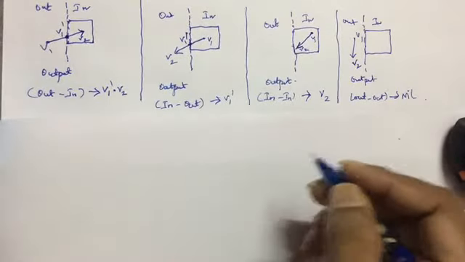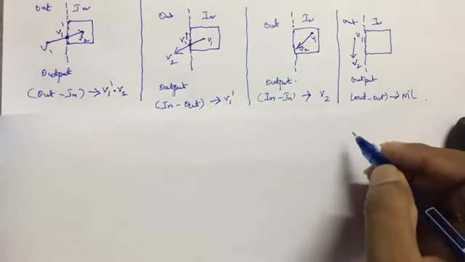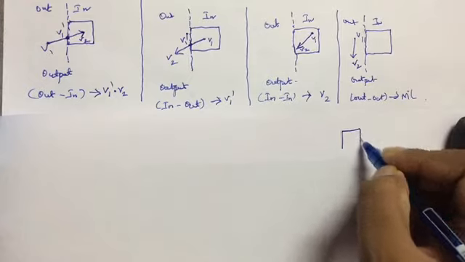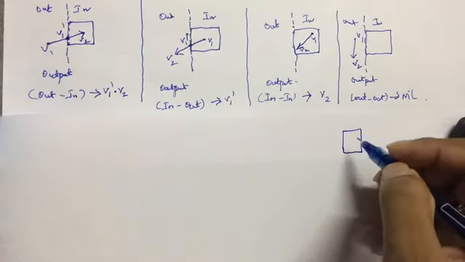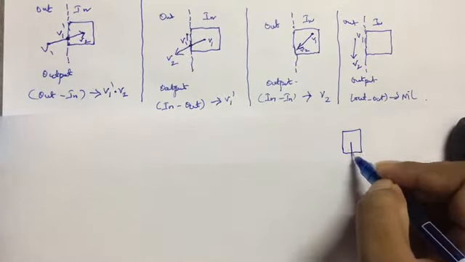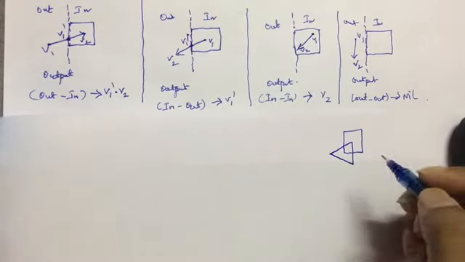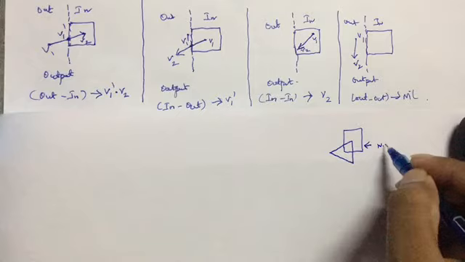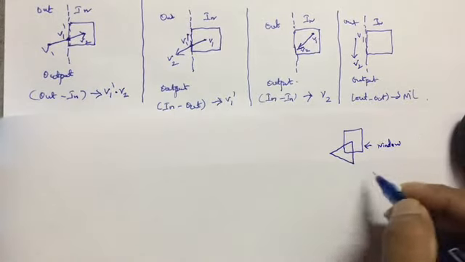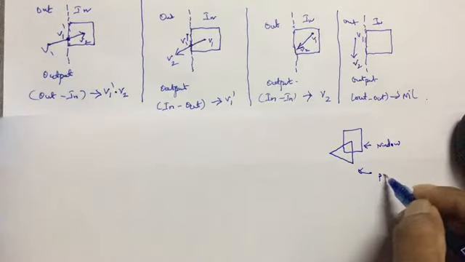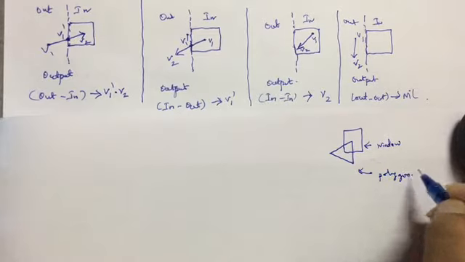So let us discuss with an example. Consider this as a window, and the given polygon is this. So this is nothing but the window and the polygon.